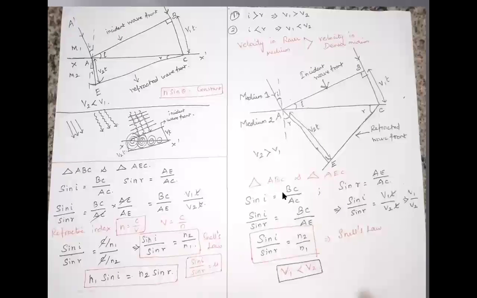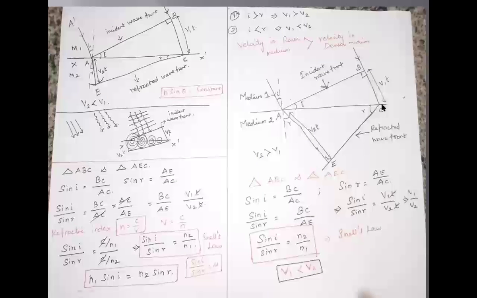Opposite by hypotenuse means it is BC by the common side AC. In a similar way, sine R is opposite, which is AE, by hypotenuse AC. So AE by AC. We know Snell's law, sine I by sine R, so BC by AC into AC by AE. AC will get cancelled, so BC by AE will come.